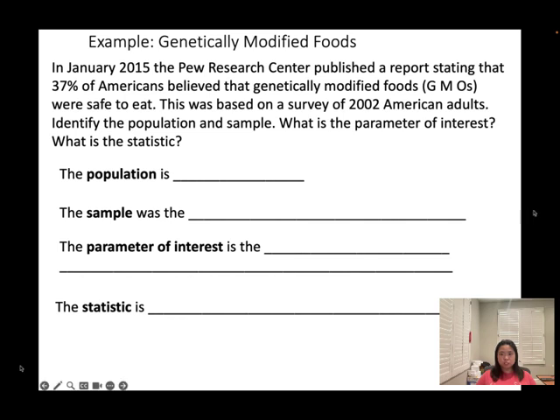Okay, how about this one? Try this one. In January 2015, the Pew Research Center published a report stating that 37% of Americans believe that genetically modified foods were safe to eat.